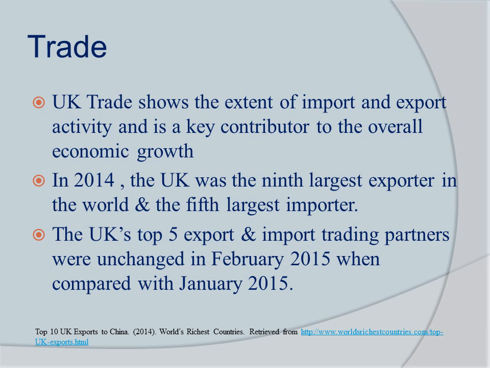UK trade shows the extent of import and export activity and is a key contributor to the overall economic growth of the UK. Last year, the UK was the ninth largest exporter in the world and the fifth largest importer. The UK's top 5 export and import trading partners were unchanged in February 2015 when compared with January 2015.